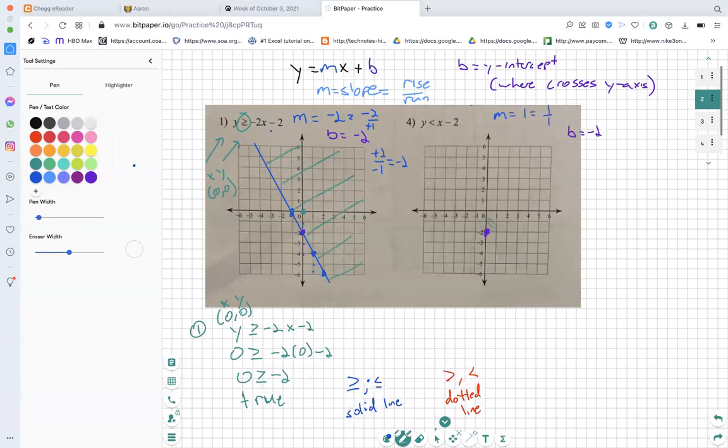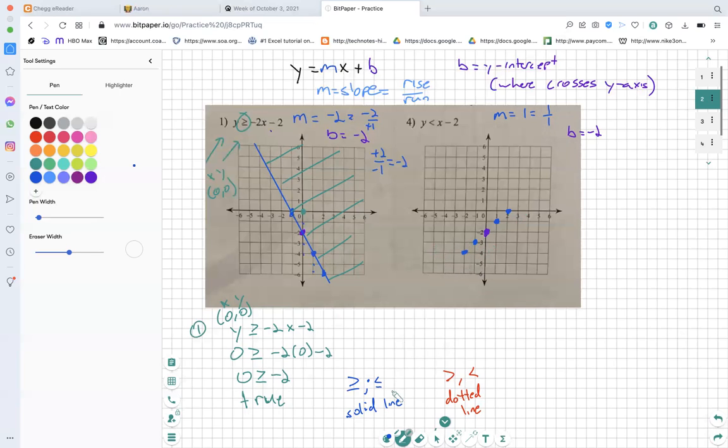I'm going to go up 1, right 1, +1 over 1. Now, continue the line, down one, left one would be -1/-1, which is +1, right? A negative divided by a negative is a positive number. Also, it makes sense because it continues the line.